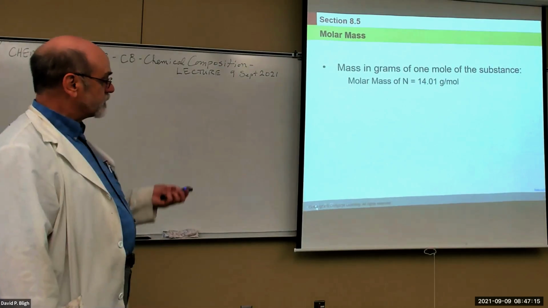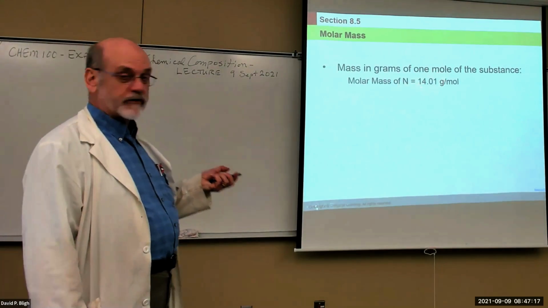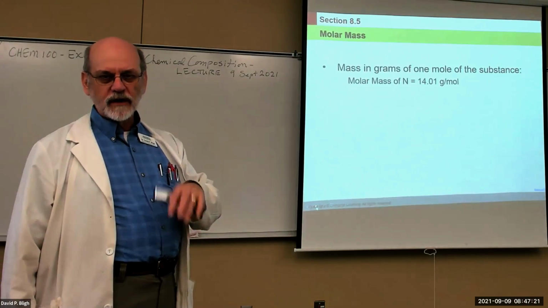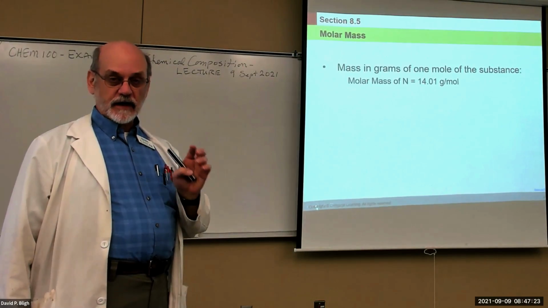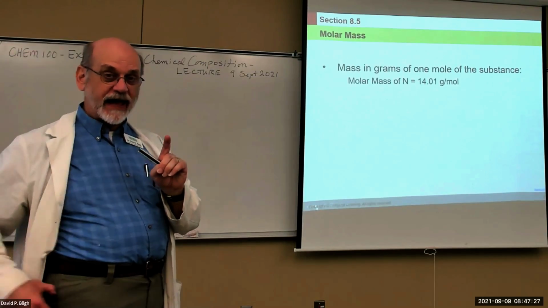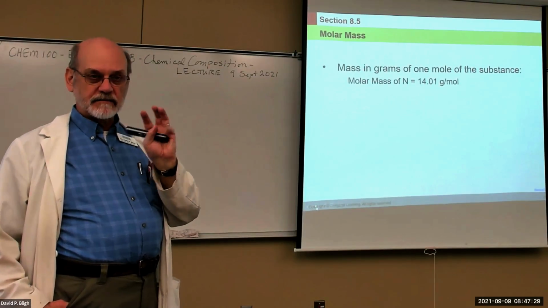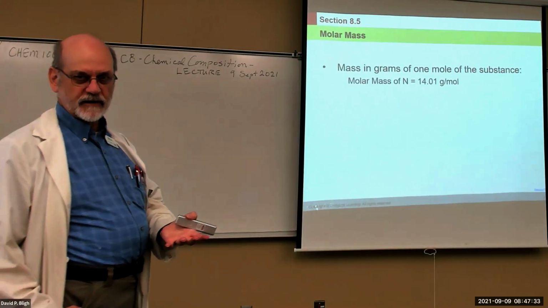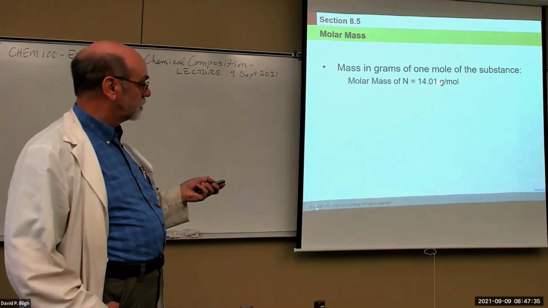So nitrogen, you can look it up in the table, rounded off to 2 places is 14.01 grams per mole of nitrogen atoms, naturally occurring nitrogen. So we've taken into account the natural abundance of the different isotopes of nitrogen in reporting that value.